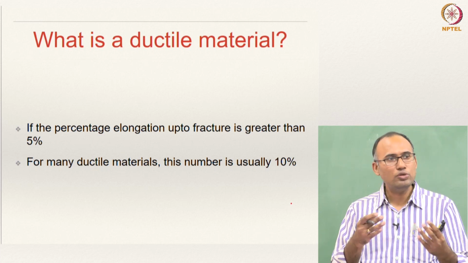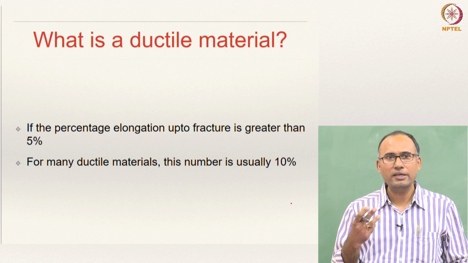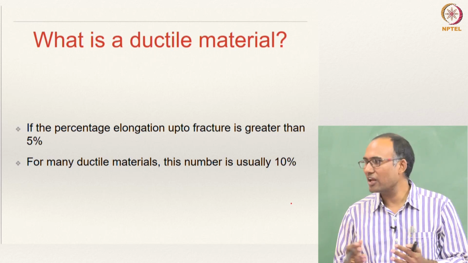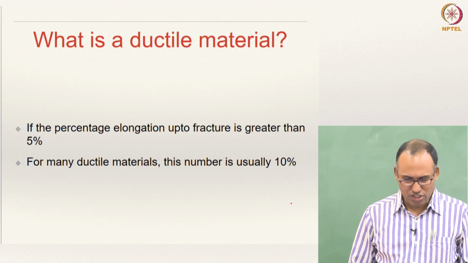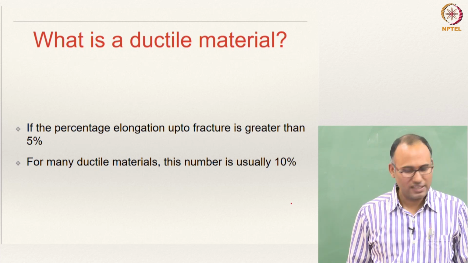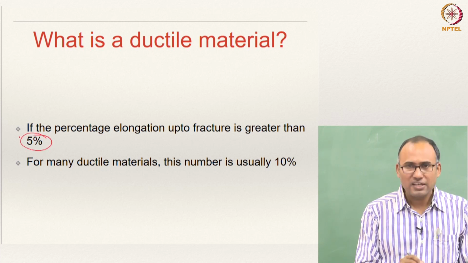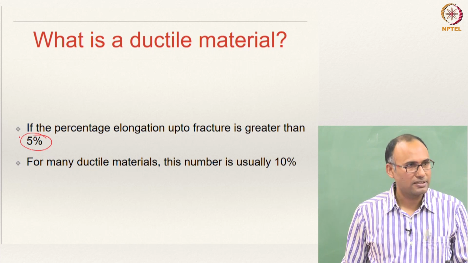And hence you need to have some quantification to classify a given material as a ductile material or a brittle material. So, the classification is basically percentage elongation. If the percentage elongation up to fracture is greater than 5%, that is when you call something a ductile material.